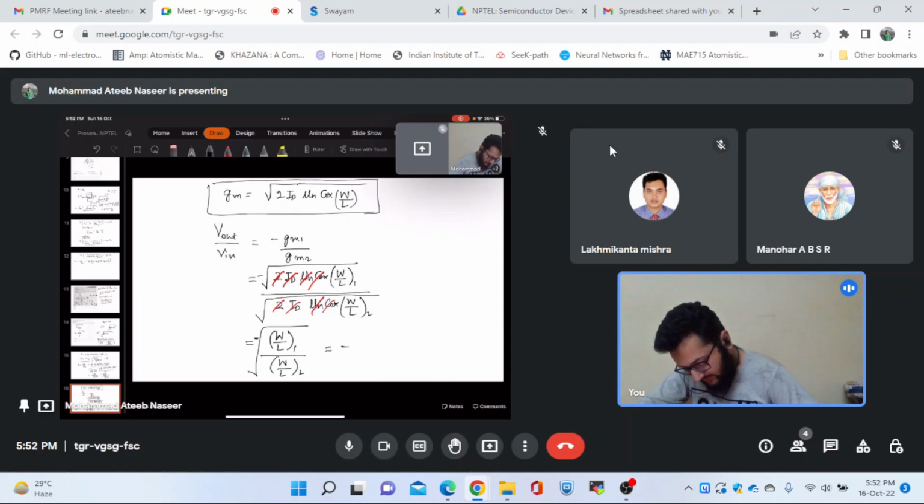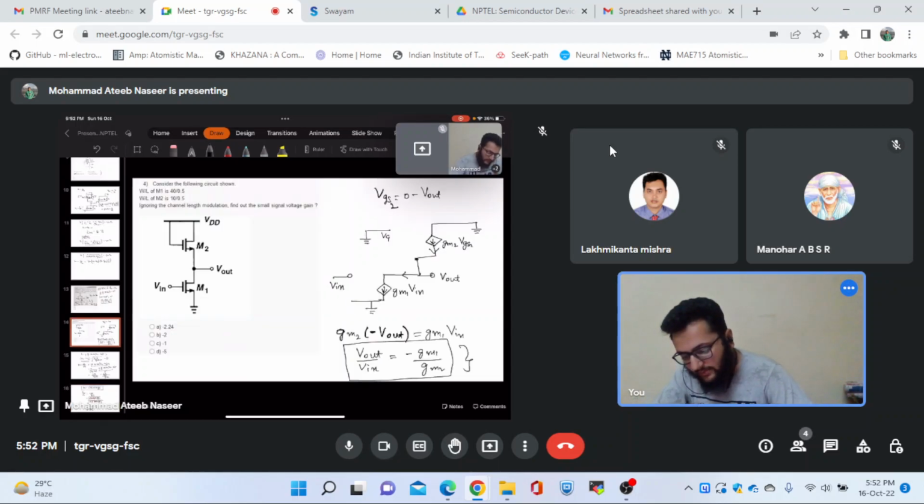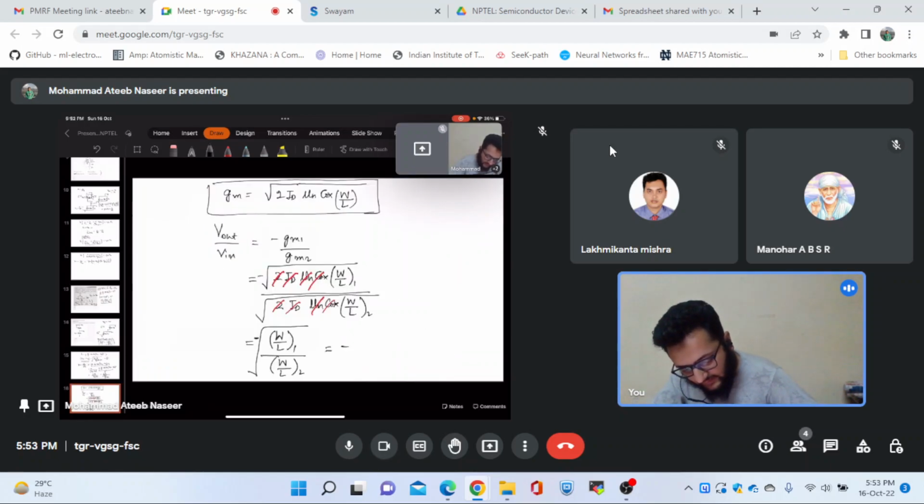So let me check the values. It is 40 by 0.5 and 10 by 0.5. It will simply be equal to minus 4 under root, or it will be equal to minus 2.